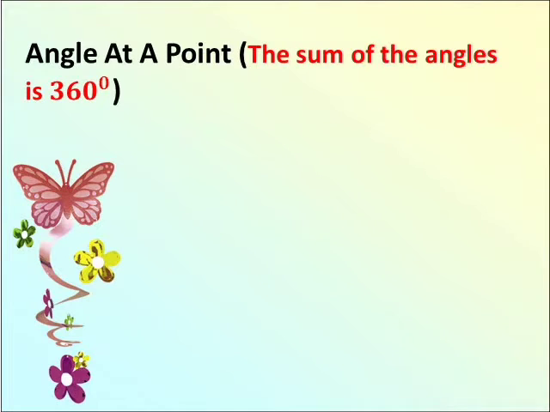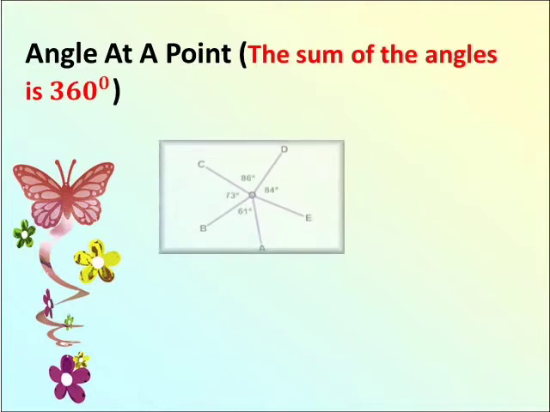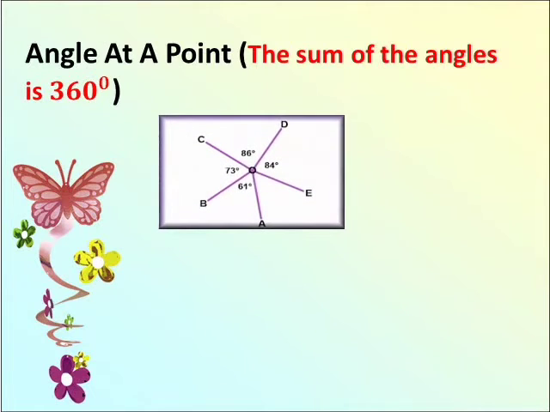Next is the angle at a point. What does it mean? Before, we learned about angles on a straight line, but now I'm going to explain the angle at a point, because the sum of the angles is 360 degrees. Here is the first question.